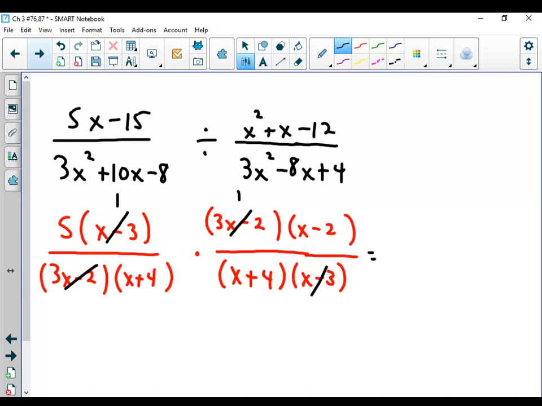So my answer for this one, now I don't care if you literally multiply it out. In fact, in a lot of ways, I'd rather you didn't multiply it out. So I'm going to just say 5 times x minus 2, and then x plus 4 times itself, or you could say x plus 4 squared.